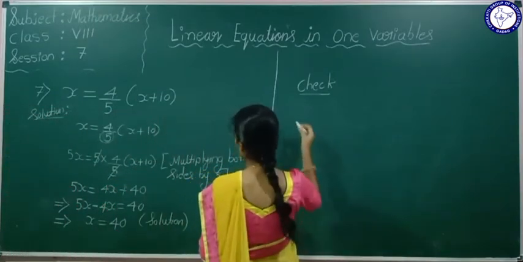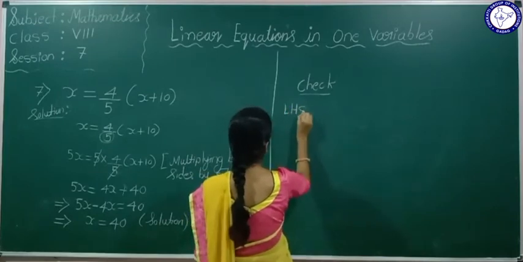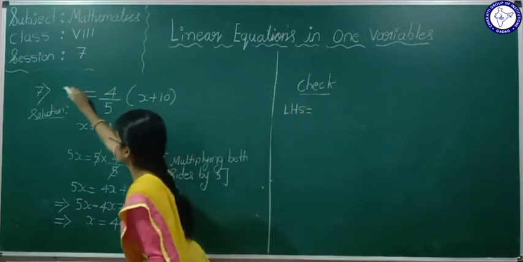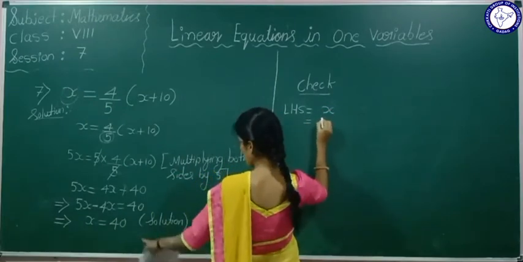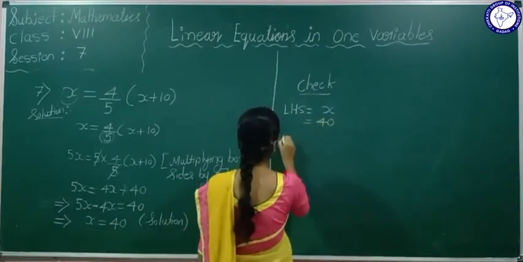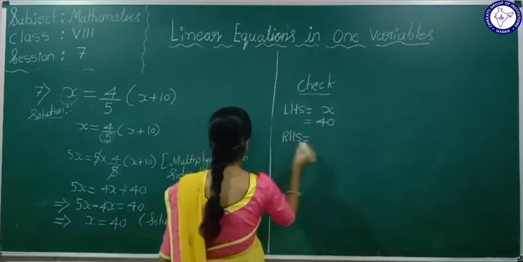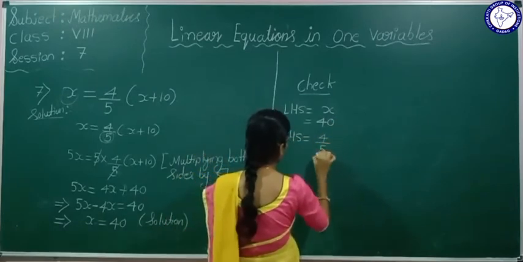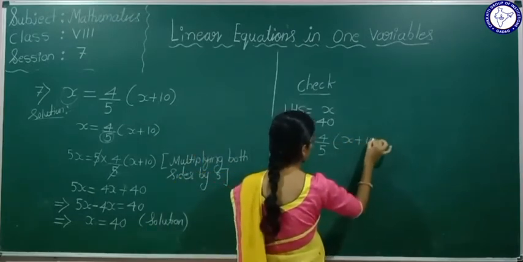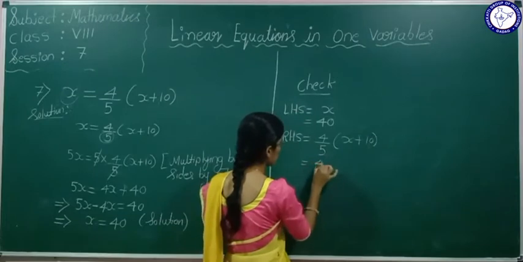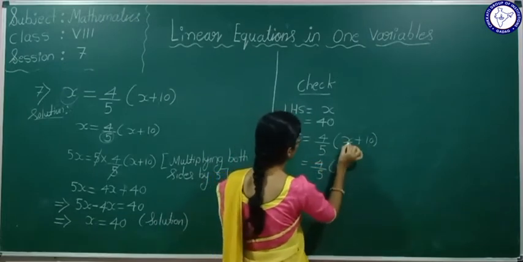Okay, see LHS. LHS is what? This is LHS, right? x. What is x? 40. Take RHS. What is RHS? 4 by 5 in bracket x plus 10. 4 by 5 (x plus 10). What is x?